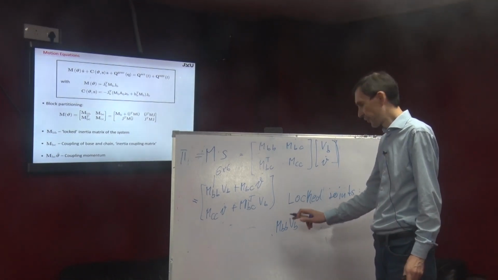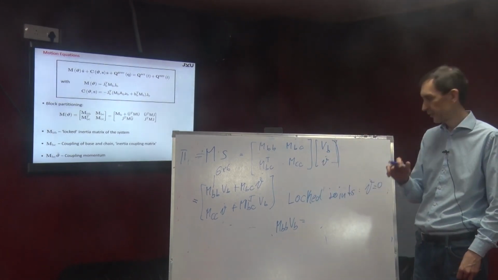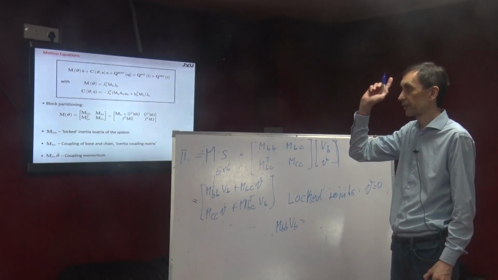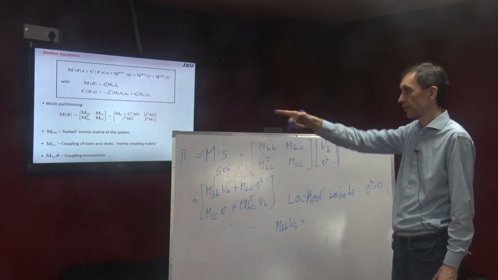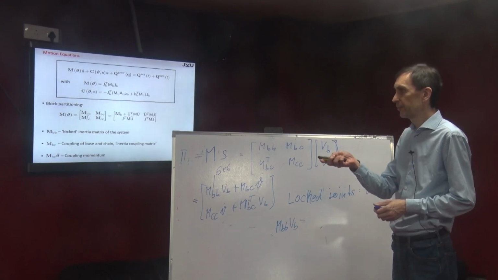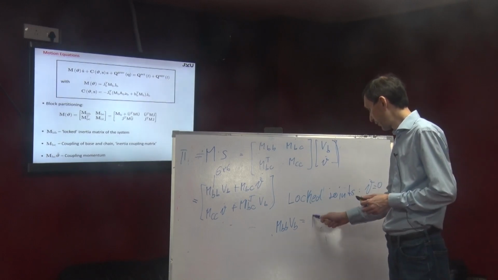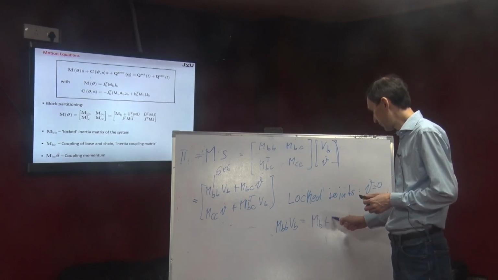But MBB is not just the mass matrix of the base. What is it then? It's this MB plus U transpose MU. So this is the difference.